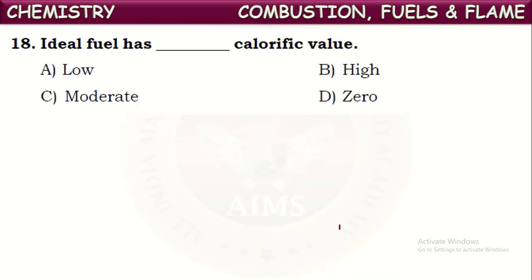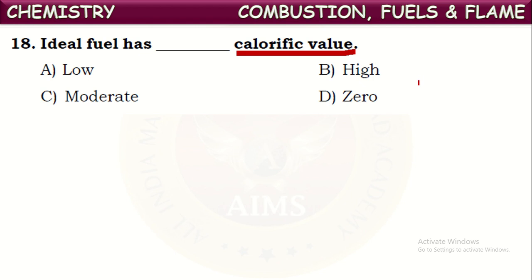Next, an ideal fuel has dash calorific value. What is meant here by calorific value? The amount of energy released per kg of fuel is called calorific value. The amount of energy released when 1 kg of fuel is completely burnt is called its calorific value.